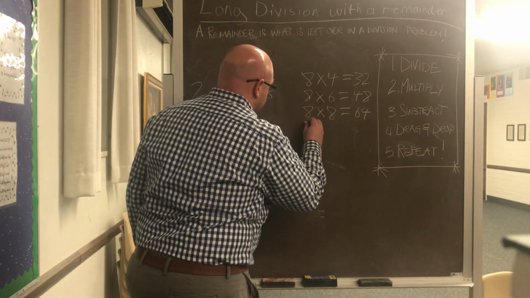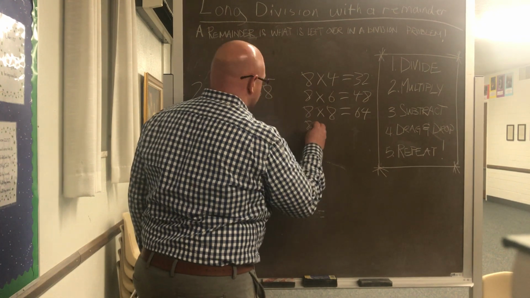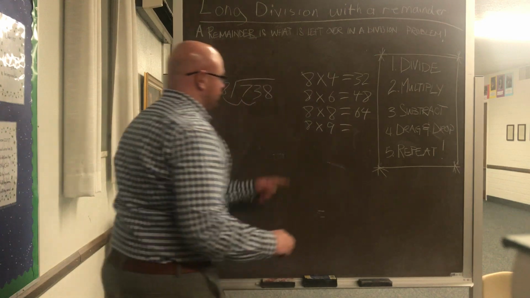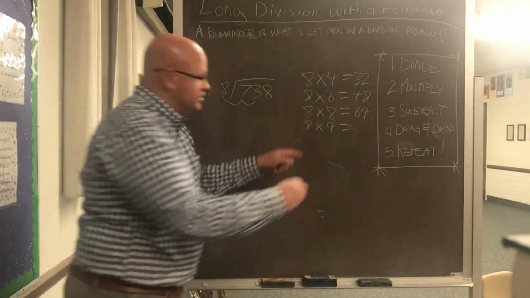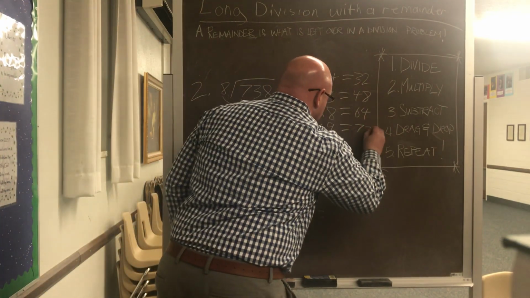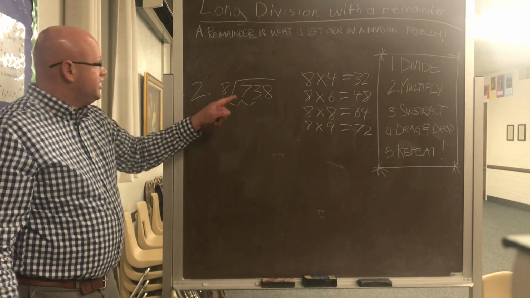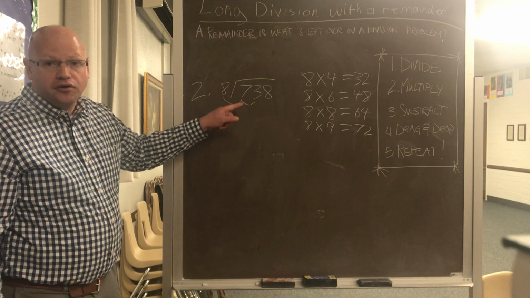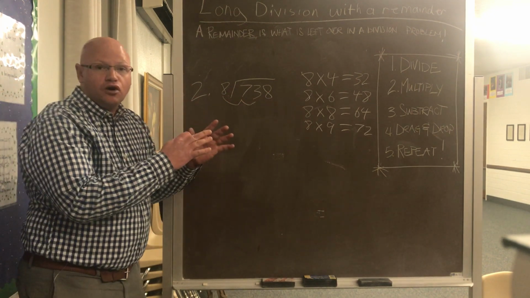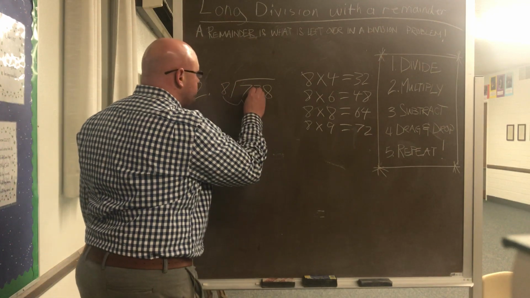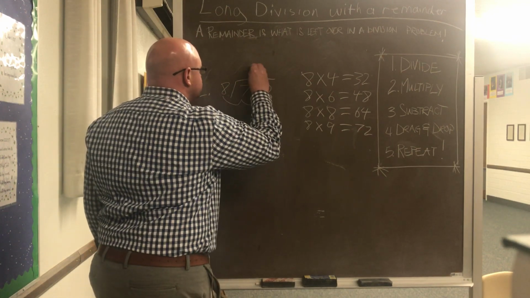So let's try 8 times 9 and see what we get. 8 times 9 is 72. And 72, that's a good number because 72 will go into 73. That's really close to 73. So 8 divided into 73 is 9.